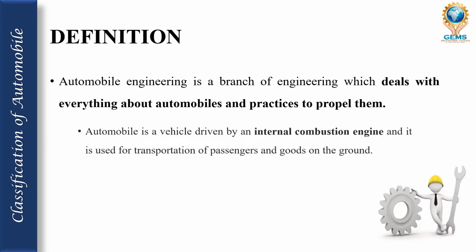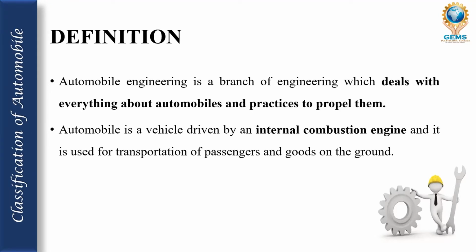That is the definition of automobile. Second, as we discussed in the previous slide also, an automobile is a vehicle driven by an internal combustion engine, and it is used for transportation of passengers and goods on the ground.